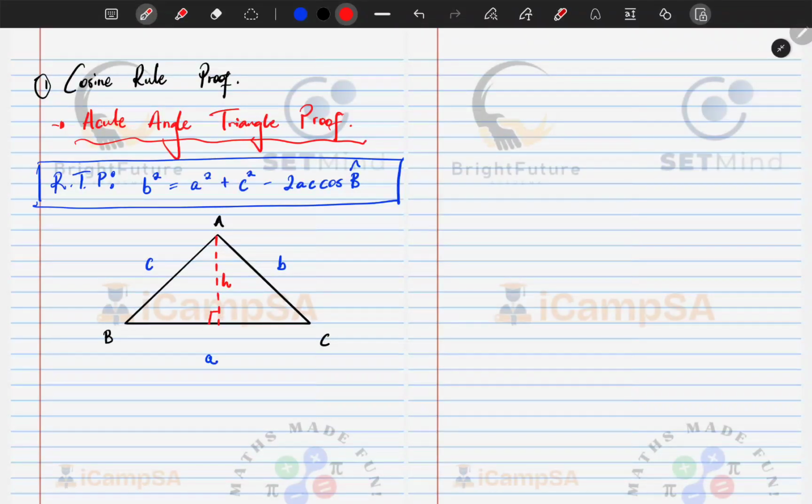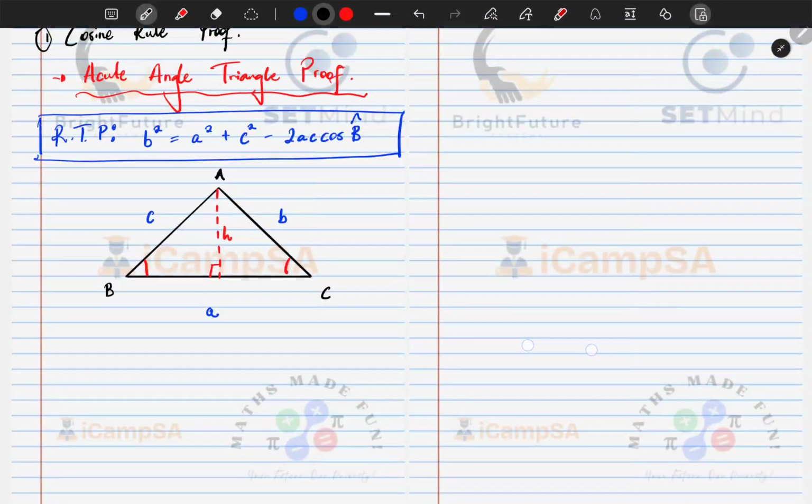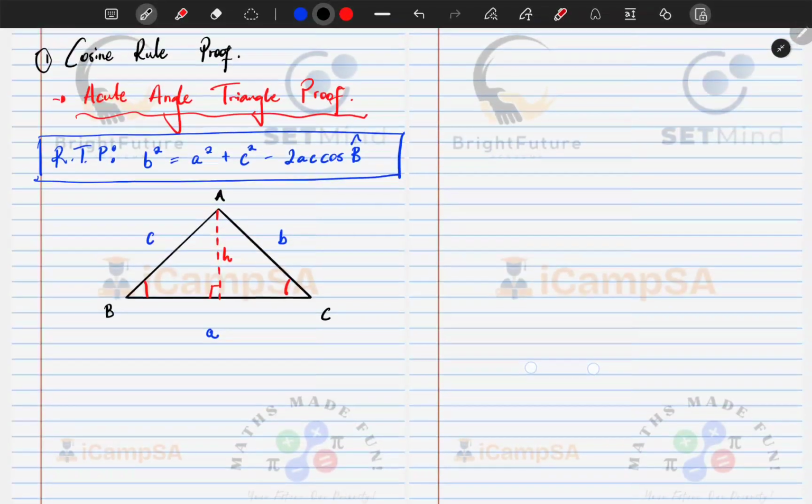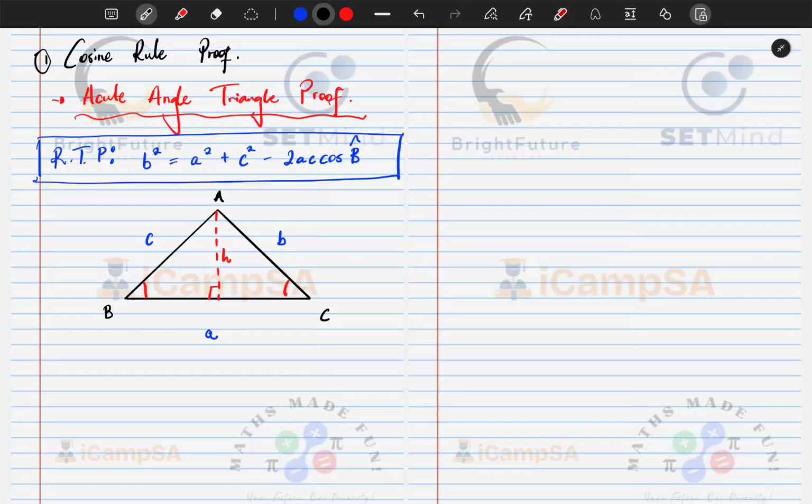Now we have a right angle here and a right angle there. The first triangle we are going to focus on is this one, so we can call this point D.